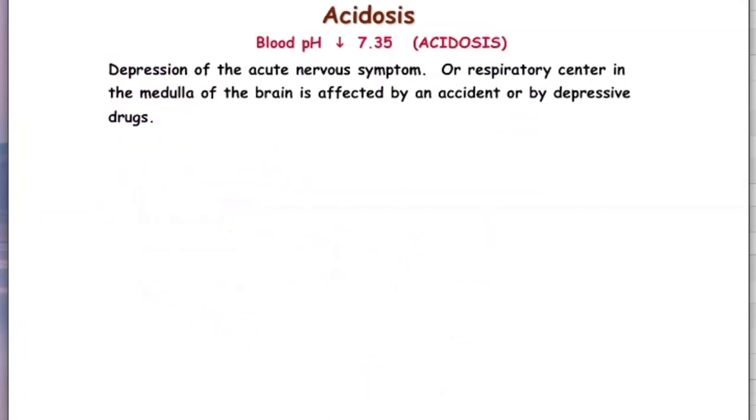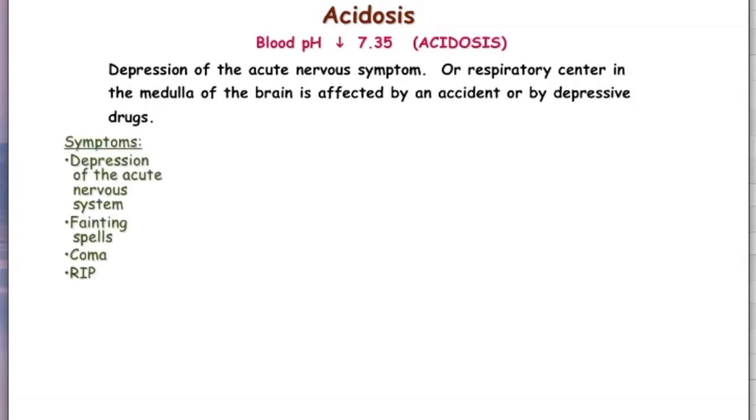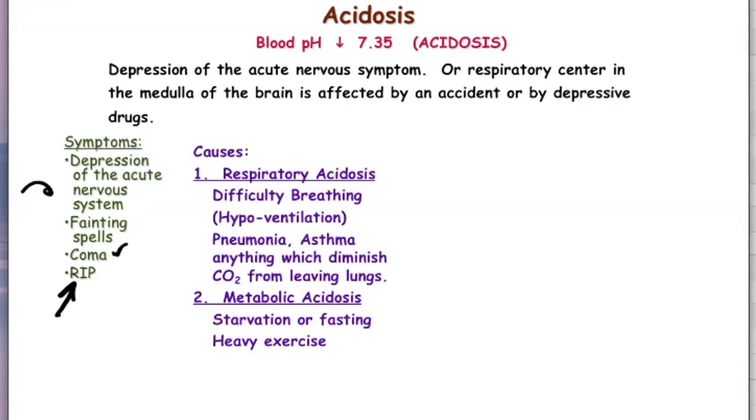Now, again, like I said, if it drops below 7.35, we get acidosis. These are the symptoms: depression of the central nervous system, fainting spells, you might go into a coma, and then you will die if it gets too severe. What is the cause? Respiratory acidosis.